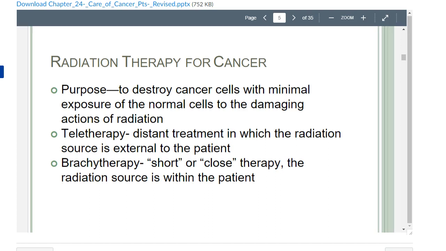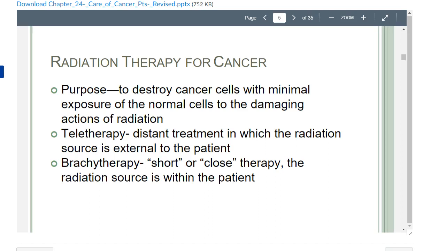Obviously, exposure is the amount of radiation delivered to a tissue, and the amount absorbed by the tissue is the radiation dose, where it should be less than exposure. And there's also the three factors that determine the absorbed dose: the intensity, the duration, and how close that source of radiation is to the actual cancerous cells.